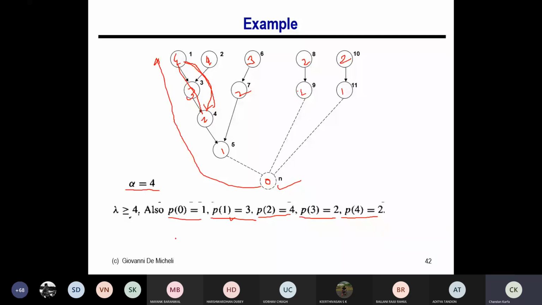So here P0 is 1, P1 is 3, and so on. P4 is 2, which means these are the nodes with the maximum alpha value, and alpha is 4.